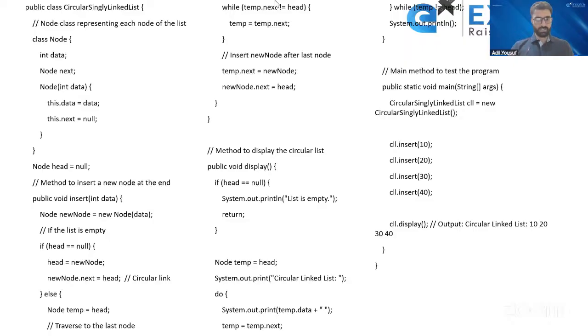I want answers from everyone who is in the class. What do you know about a circular linked list? Make sure you answer quickly within 2-3 seconds. Last node pointing back, forming a circle instead of ending with a null pointer. Good, good. Last node points to the first node.